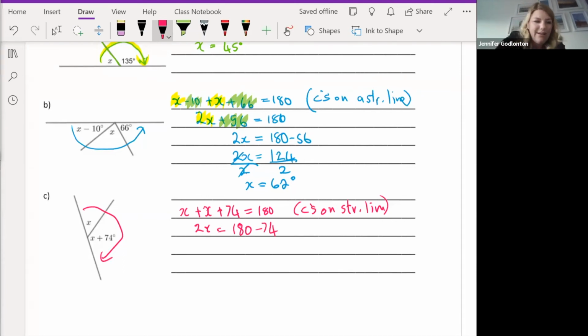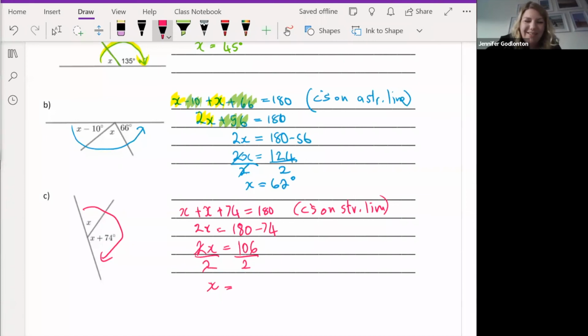Okay, next line. I'm going to get my answer for 180 minus 74. My answer is going to be 106, and I'm going to divide it by 2. So it's going to be 2x divided by 2 equals 106 divided by 2. Good. So what does x land up equaling?